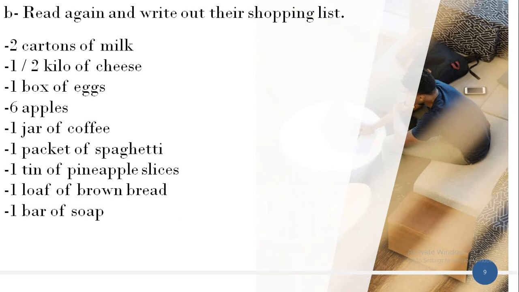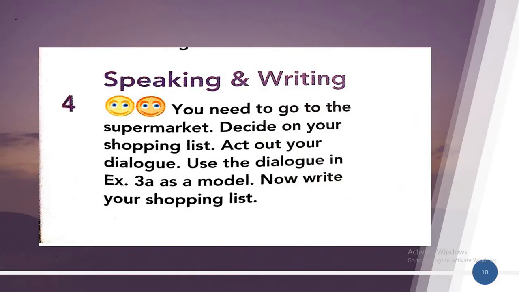Very good. Now let's move to the last part of our lesson today, which is speaking and writing. You need to go to the supermarket, decide on your shopping list, act out your dialogue, use the dialogue in exercise 3A as a model.